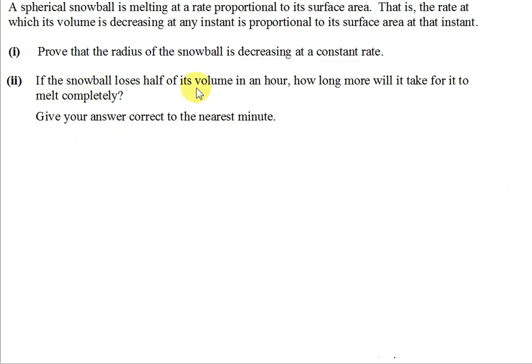If the snowball loses half of its volume in an hour, how long more will it take for it to melt completely? Well, let's look at the volume at time 0. The volume is given by 4/3 pi r cubed, of course. If we know the radius at time 0, I'll write it as r(0), then the volume is 4/3 times pi times r(0) cubed.